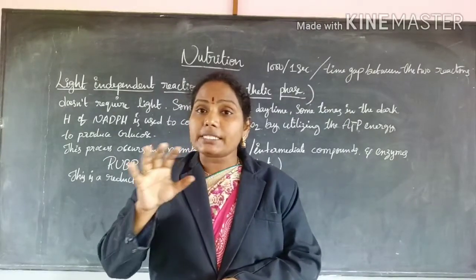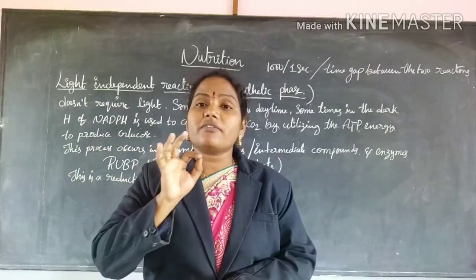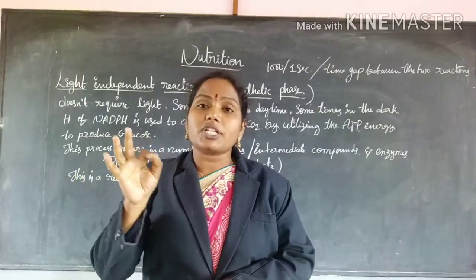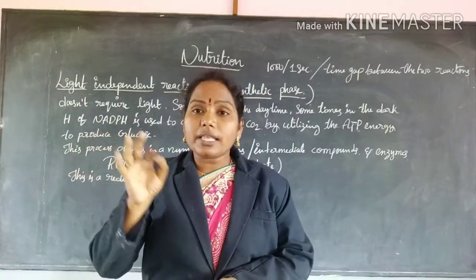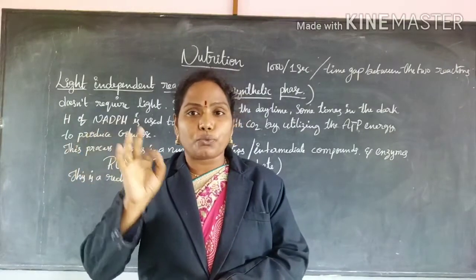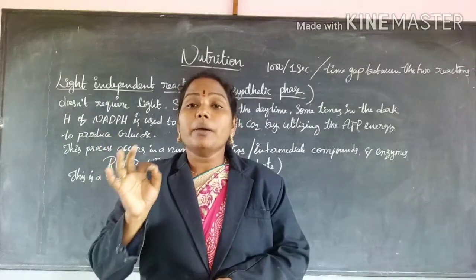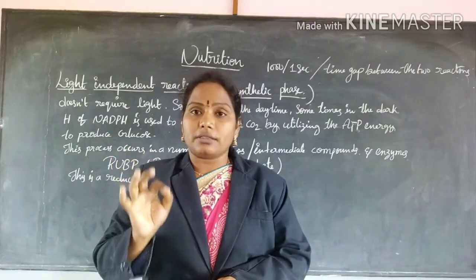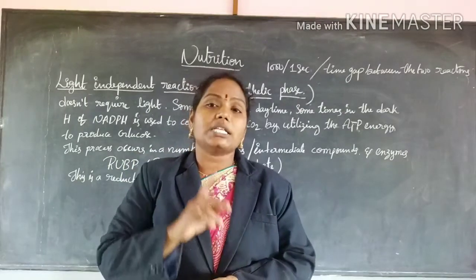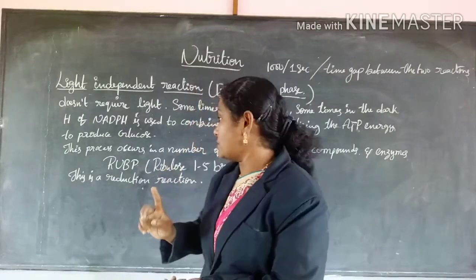Okay, this is a big process. In this process, several reactions take place, and several intermediate compounds are also formed. But in this 10th class, one intermediate compound is given to you, that is RUBP, ribulose bisphosphate.